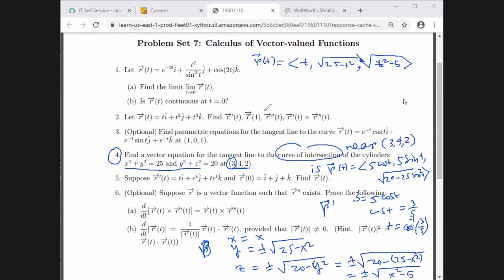And clearly you can see at what point this is going to be 3, 4, 2. So clearly r at 3 is going to be 3, 4, 2, isn't it?